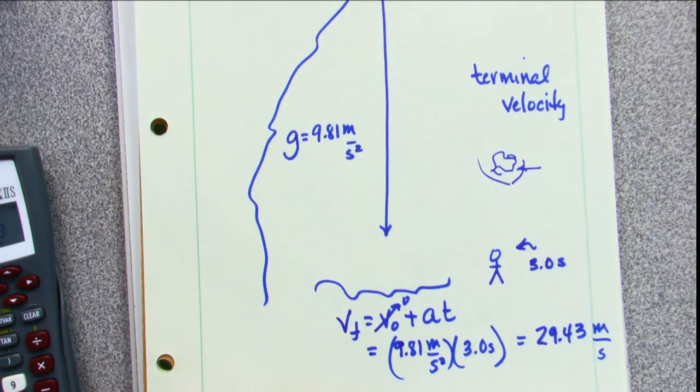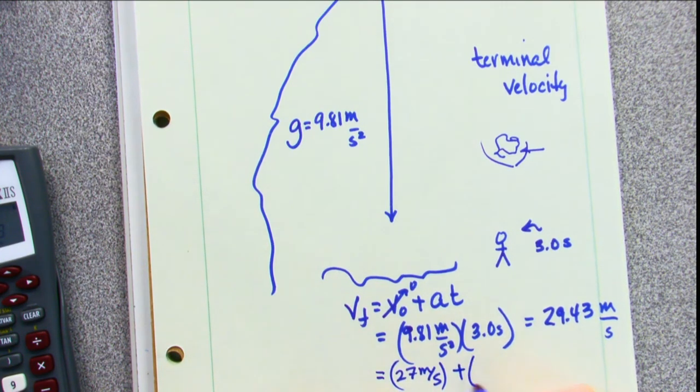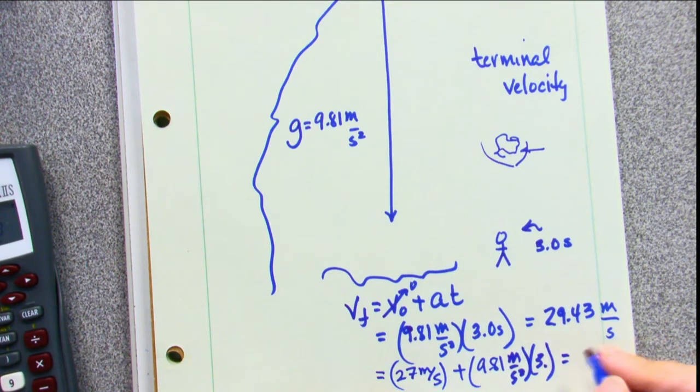Well, if that's the case, I have to add that 9.81 meters per second squared times my 3 seconds, and now it's plus 27. It's going to be 56.4 meters per second.